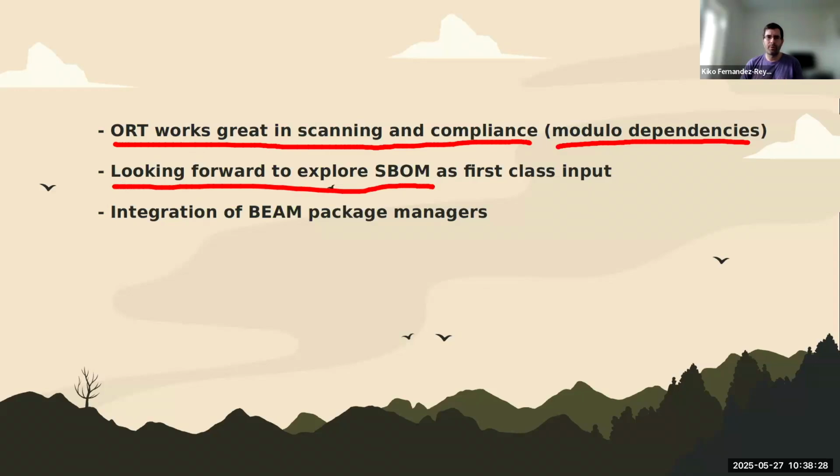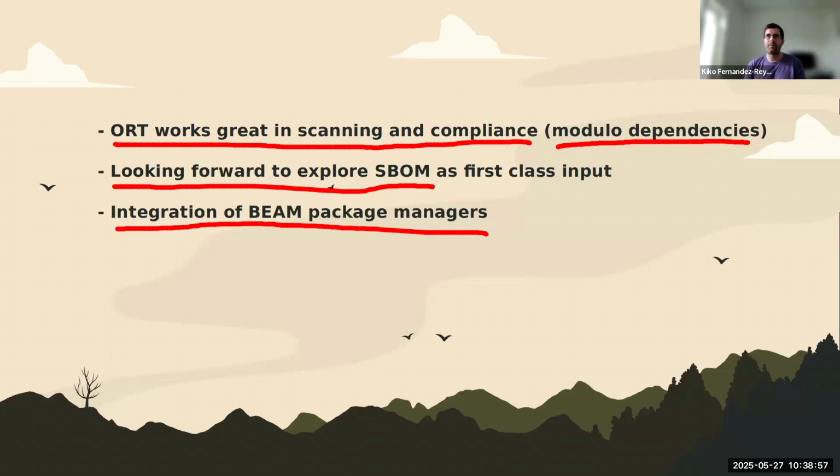The other way to go around this is to, from the Erlang Ecosystem Foundation, invest in integrating the 3 different package managers into ORT. This is something that we are discussing, so we haven't really ruled it out. The issue is that it's going to require way more maintenance, I think, for the OS Review Toolkit and also for the BEAM community.